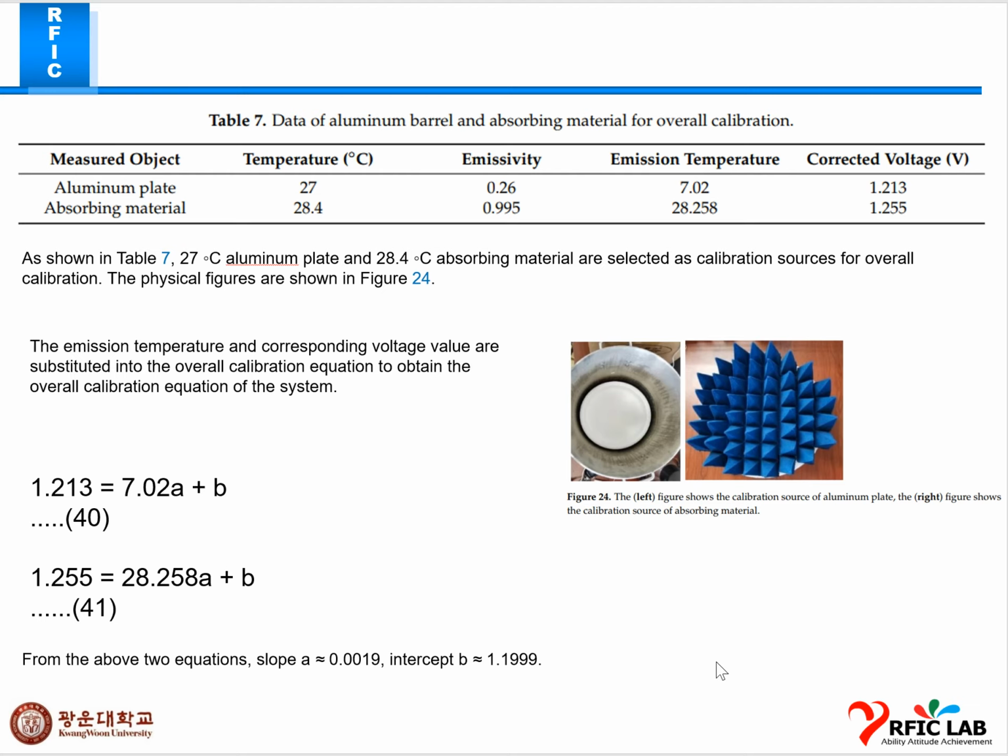And we have these two equations by using this table. As you can see, we used the corrected voltage and the emissivity, and we formed two equations, and we solve these two equations using the simultaneous equation method, and you get the values of A and B. A is 0.0019 and B is 1.1999.